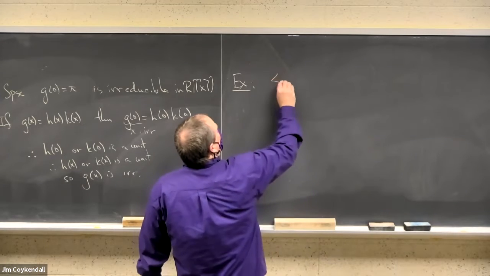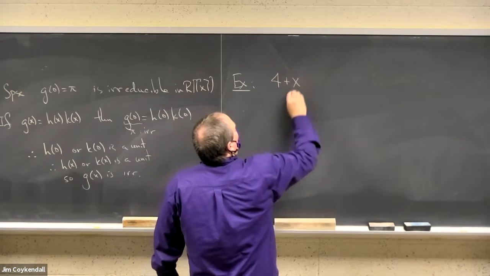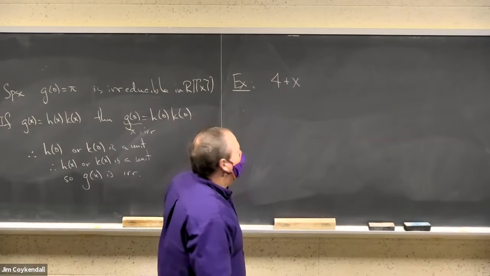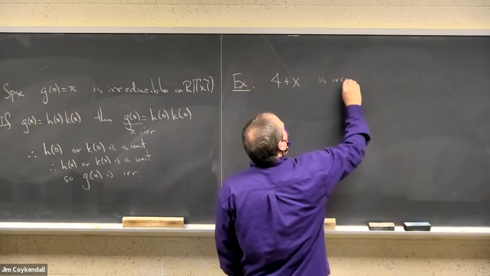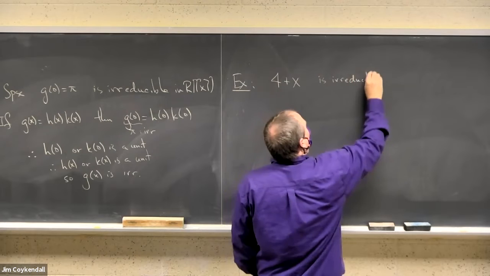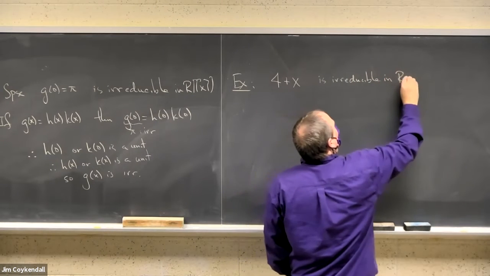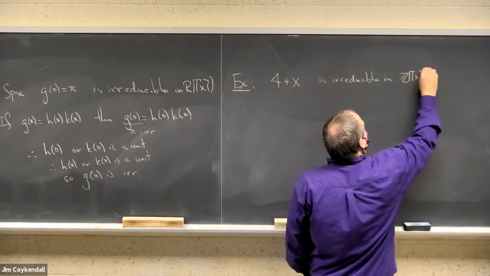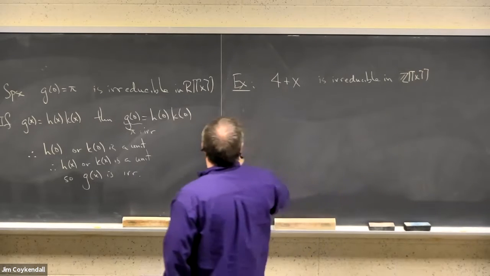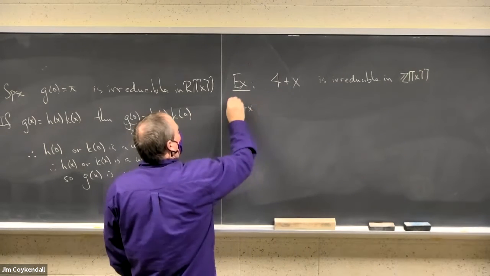If you look at 4 of x, this is irreducible, and Z power x. Because I only have to take this a little ways to see.